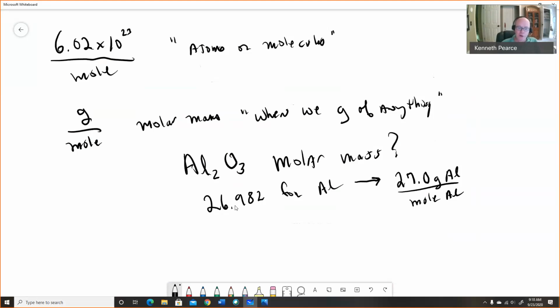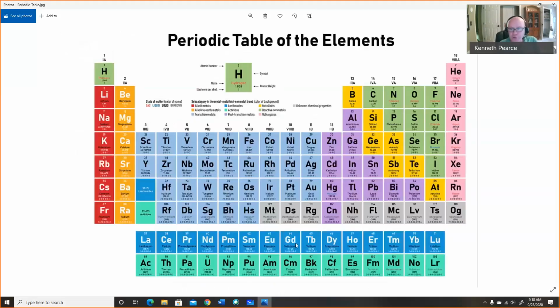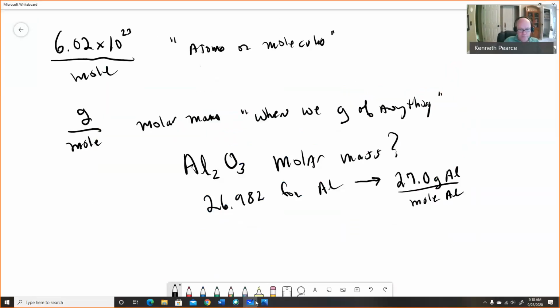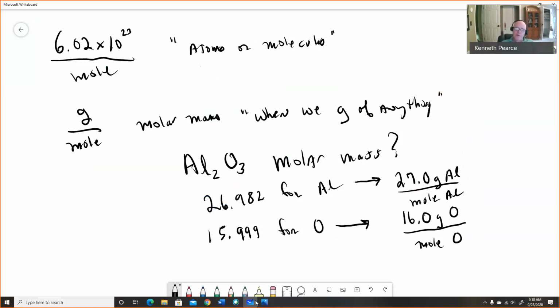And I look on my periodic table for oxygen, and I see 15.999. And we're going to round that to 1 decimal, and of course that would be 16.0 grams O, or oxygen, for every mole oxygen. Notice that I'm labeling everything, and that's very important.